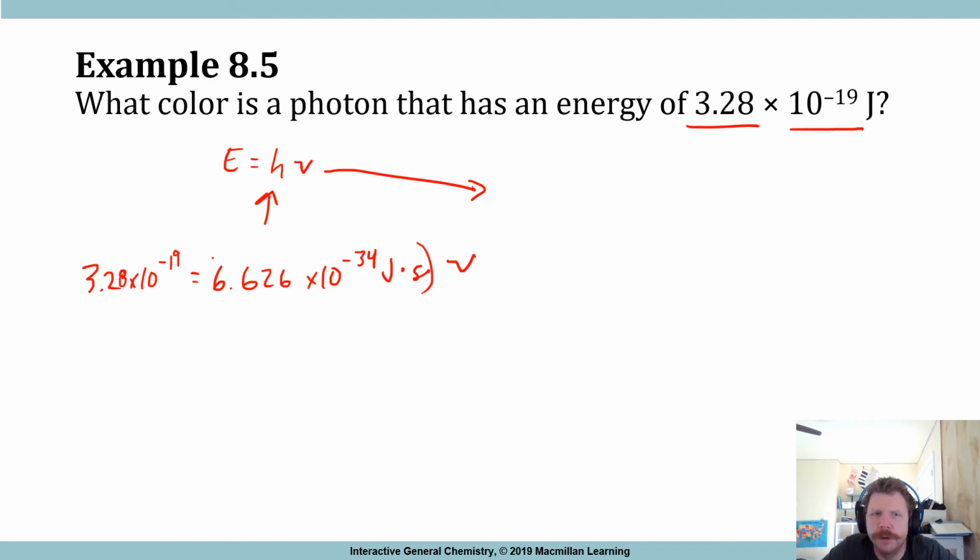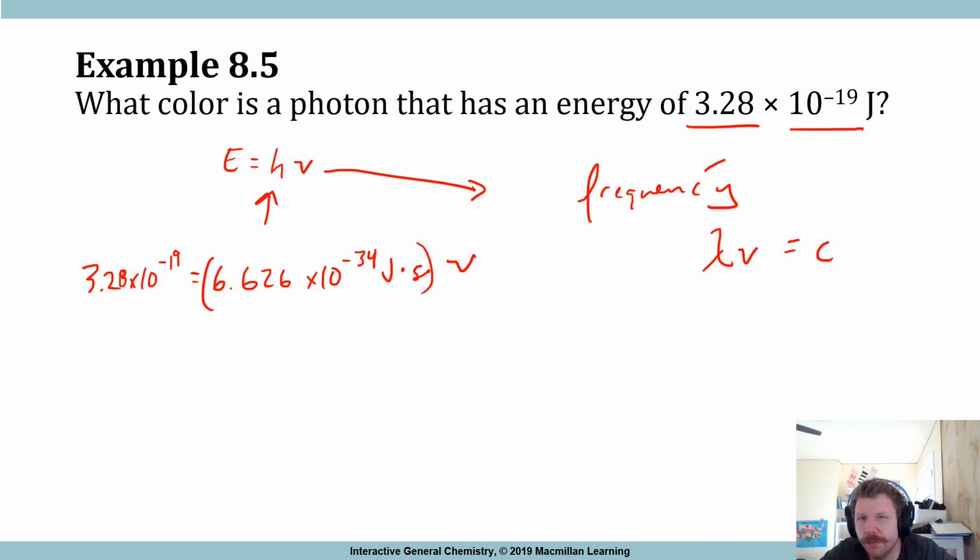Now, you might look at this and ask, how do I get from energy to color? The way you're going to do that is solve for frequency. Then you can say lambda times frequency is equal to the speed of light.